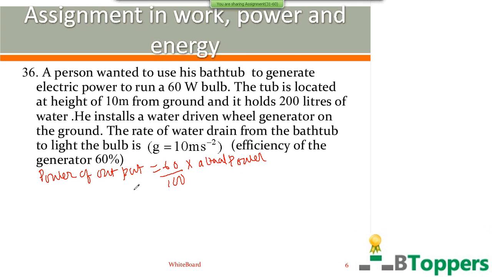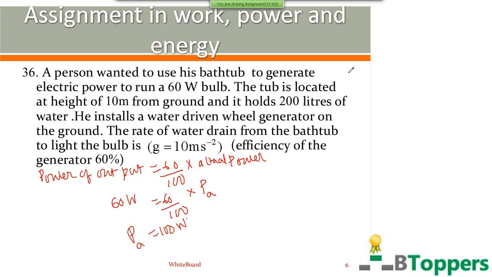So here the power output required is 60 watts. So the actual power to be generated, denoted by P subscript A, will be 100 watts.